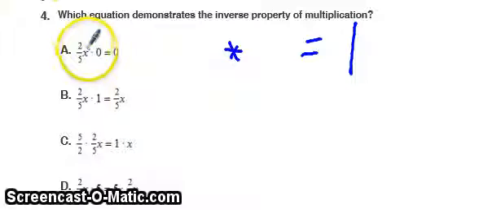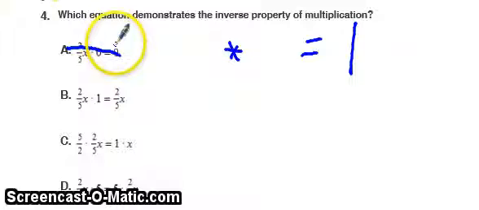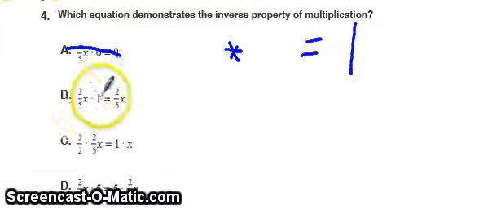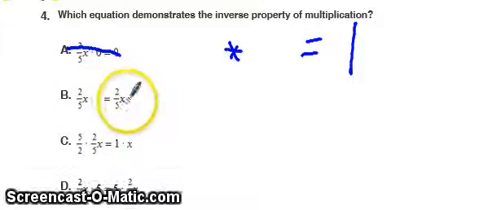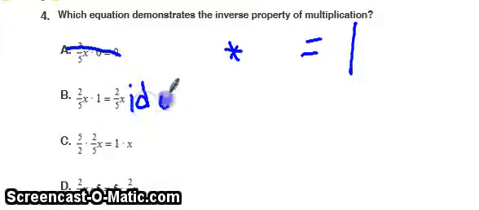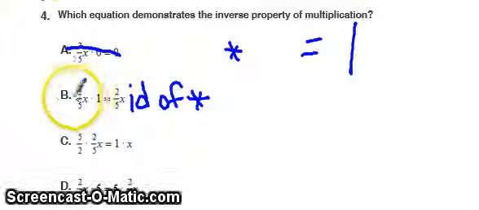So looking at this, I've got 2/5 x times 0 equals 0. This does not have a product of 1. 2/5 x times 1 equals 2/5 x. This is the identity property of multiplication. We multiplied by 1, we get the same thing, identity property.